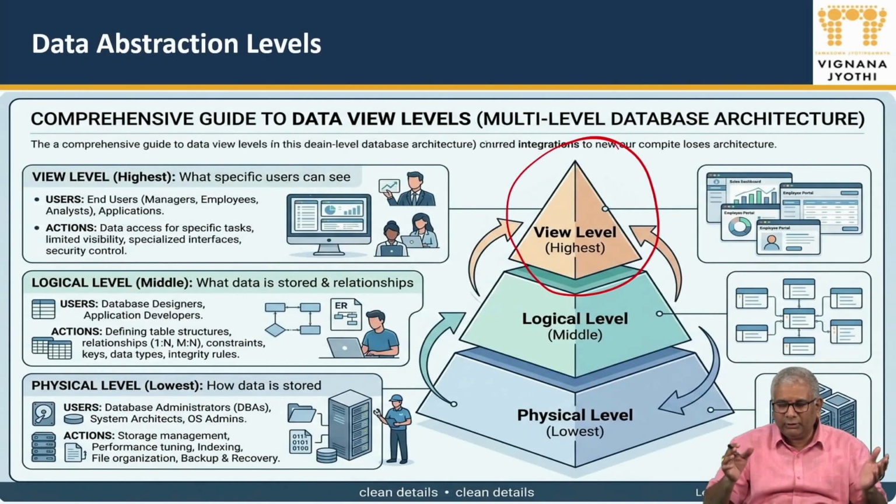They have a beautiful UI where they type in information, update, and delete, and they think the database is on their screen, but actually it is not. The highest level of seeing the data is called the view level, and this data is actually coming from the database at a low level.